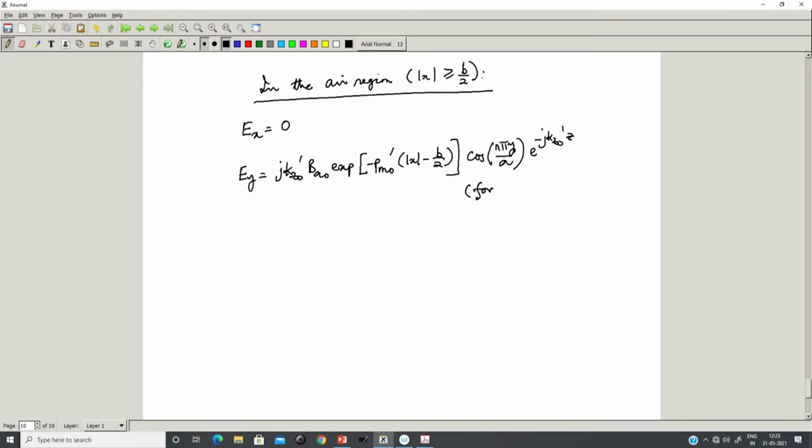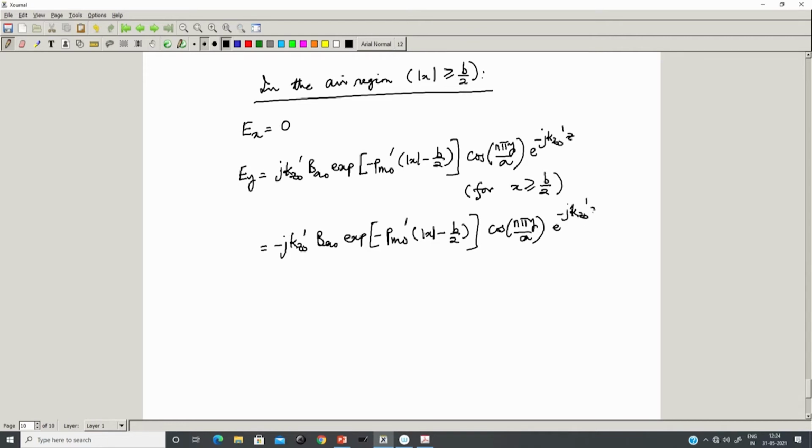That is for x greater than or equal to b by 2, and that is equal to minus j k z o prime B A O exponential minus p m o prime mod x minus b by 2 cos n pi y by a e power minus j k z o prime z for x less than or equal to minus b by 2.